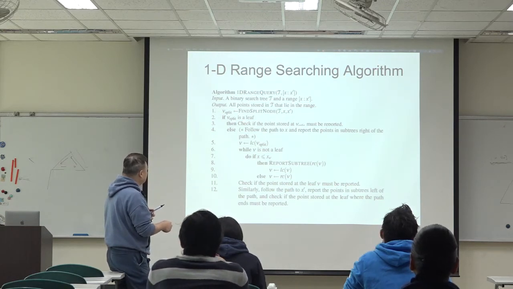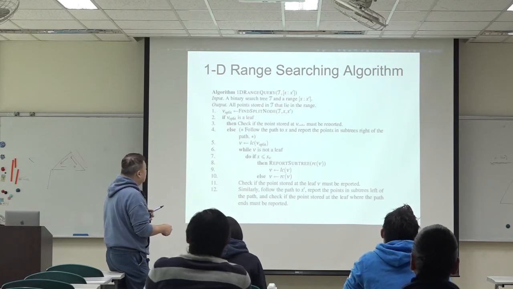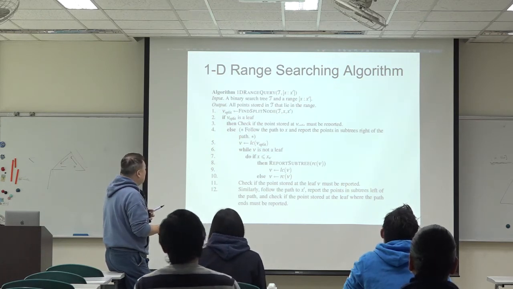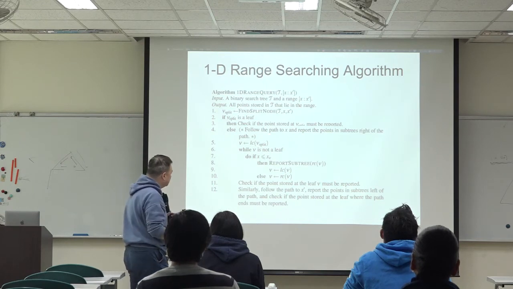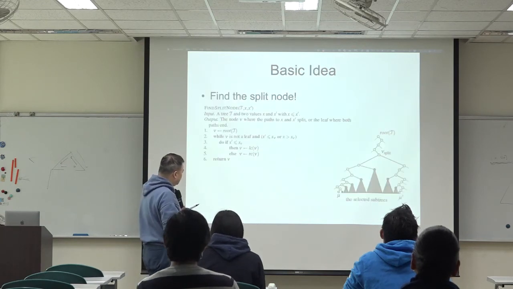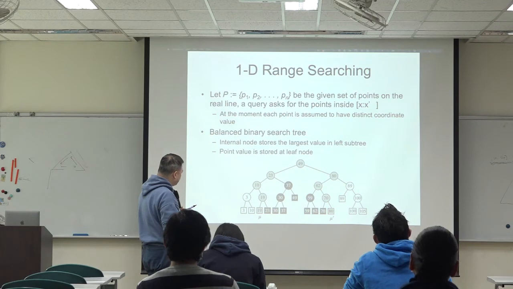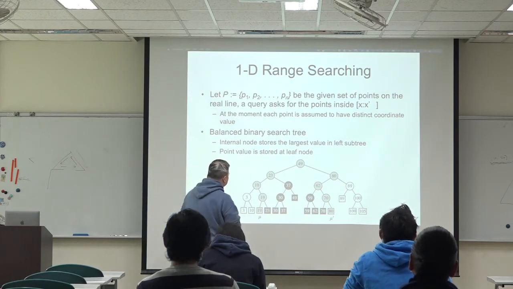Otherwise, it means that the split node is not a leaf. So we follow the path to x and report the points in the subtrees to the right of the path. What do I mean? It's like this.